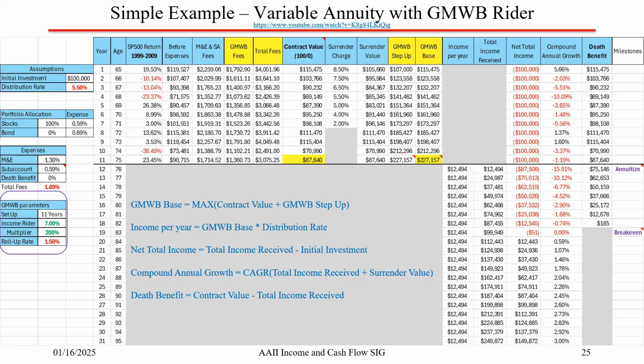But because of your income rider, you got a base that's $227,000 that you used to get income from. So that's why it's an insurance against a bad market or a bad investor, if you switch funds like crazy and lose money that way. So here are two examples.